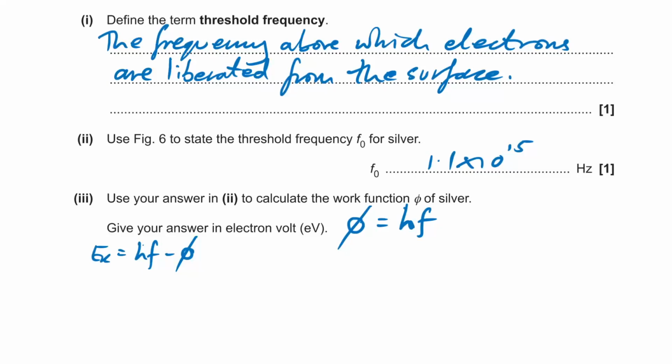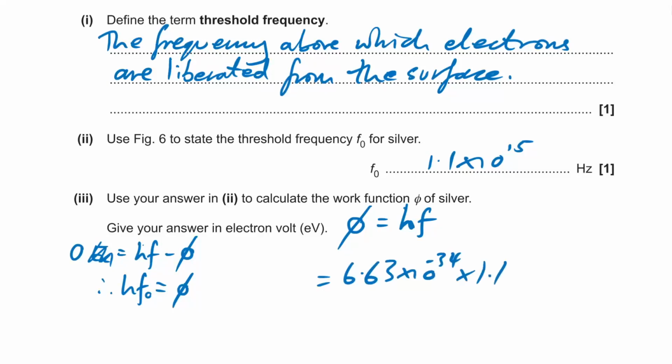But when we hit the threshold frequency, there is no kinetic energy left over. Therefore, HF at that point is equal to phi, and we call it HF0, don't we? So that's equal to Planck's constant times the threshold frequency that we just found. Could tidy up powers of 10, can't be bothered. And that gives us 7.29 times 10 to the minus 19 joules, but we're looking for it in electron volts.